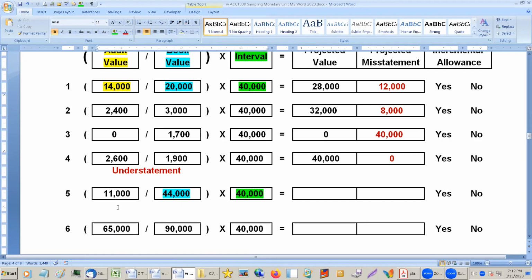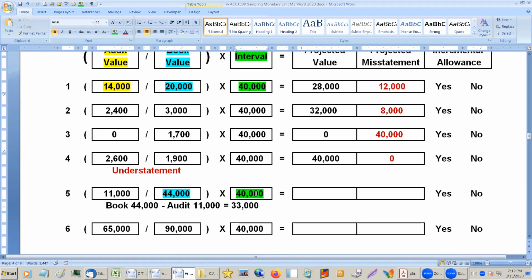The book value is, the audit is 11,000. And so that equals 33,000. So this thing is off by $33,000.